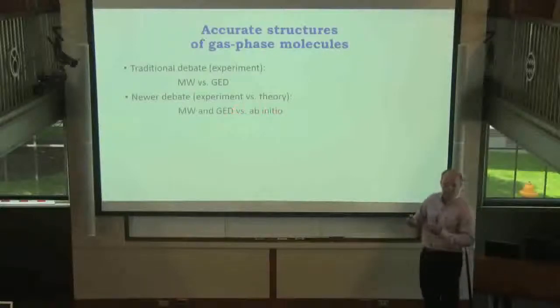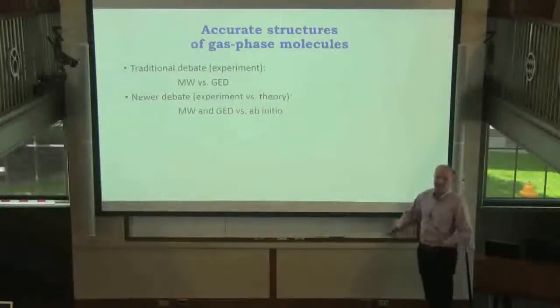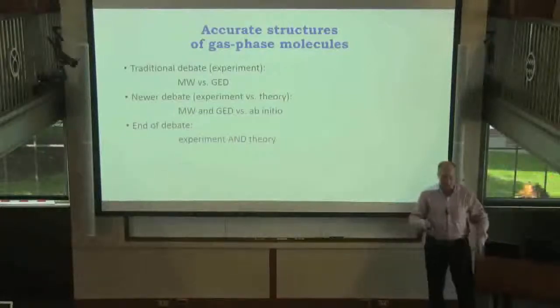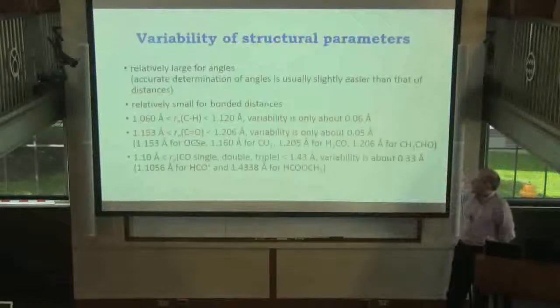So there was a big debate between experimentalists and theoreticians. And of course, the solution to all this problem is that you should consider both experiment and theory at the same time and use them where they are best and come up with the most accurate structures this way.